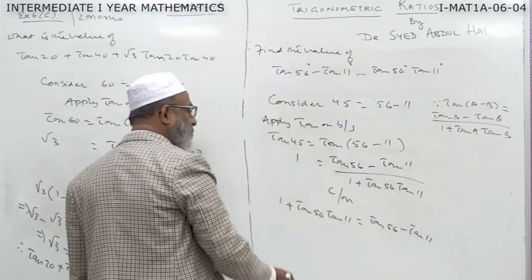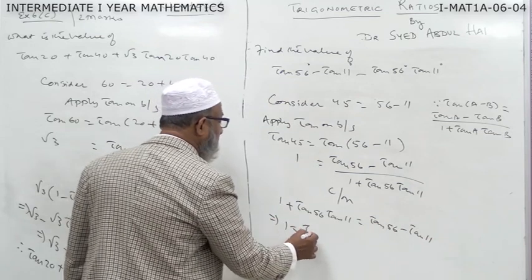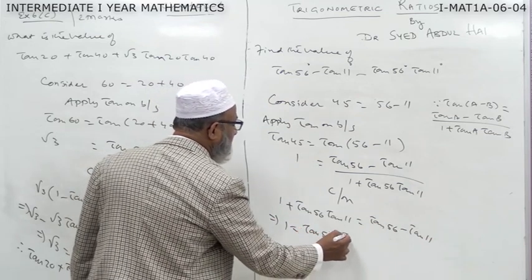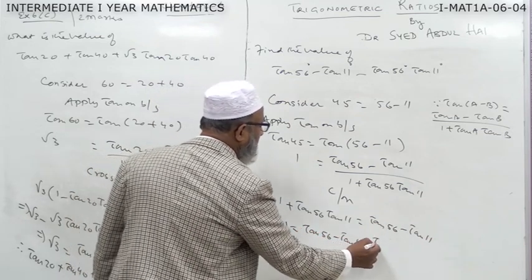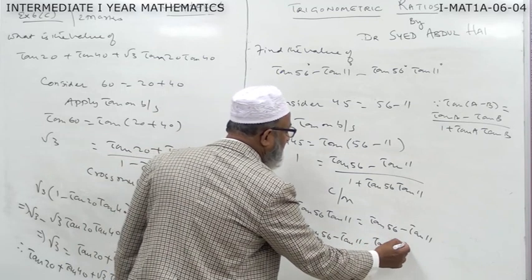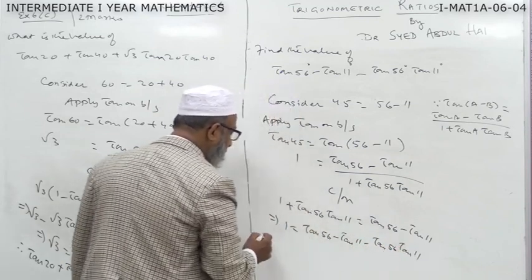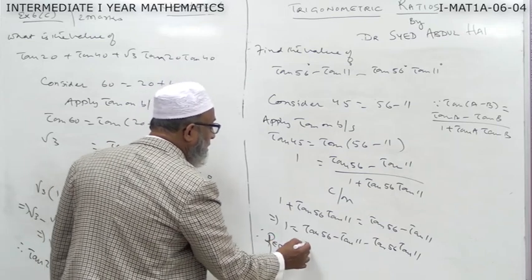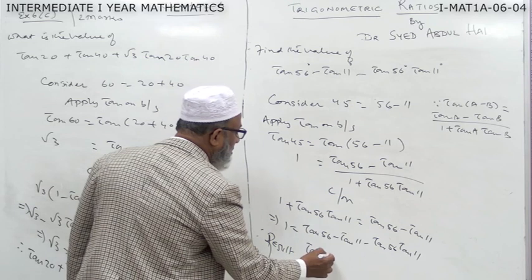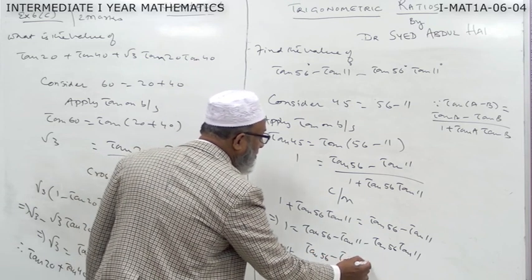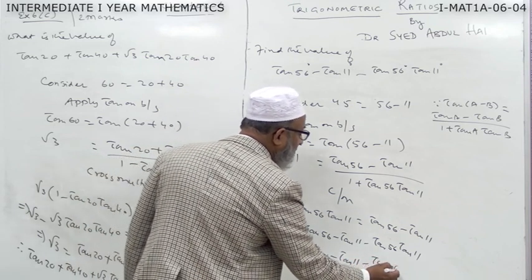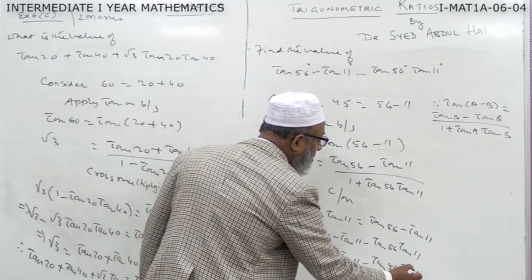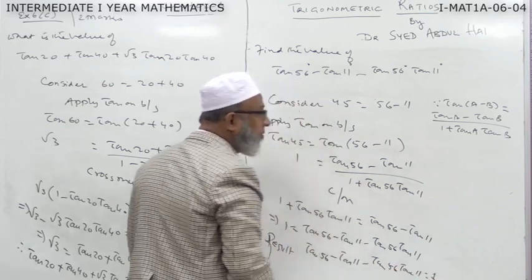Or if I shift to that side, this gives me 1 is equal to tan 56 minus tan 11 minus tan 56 tan 11. Therefore, what is my result? Tan 56 minus tan 11 minus tan 56 tan 11 is equal to 1.